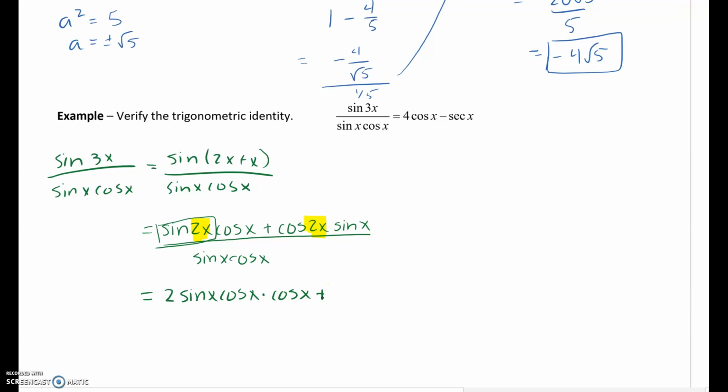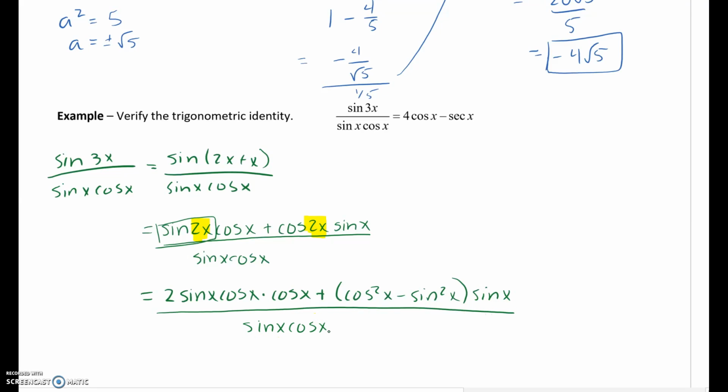Plus, now cosine 2x, we have choices on what formula to use. So just pick one and see if it works. I'm going to go with cosine squared minus sine squared. That's the one I remember the easiest. So I have cosine squared minus sine squared times sine x all over sine x cosine x.